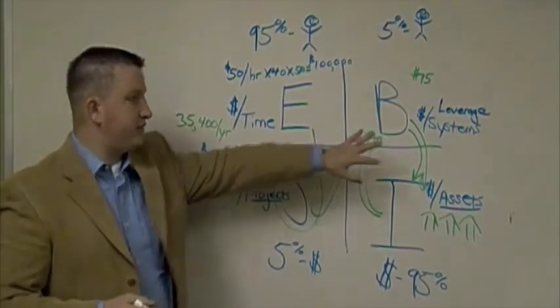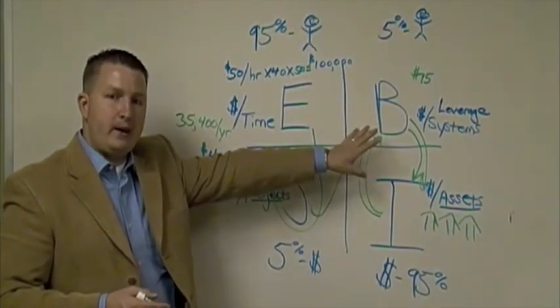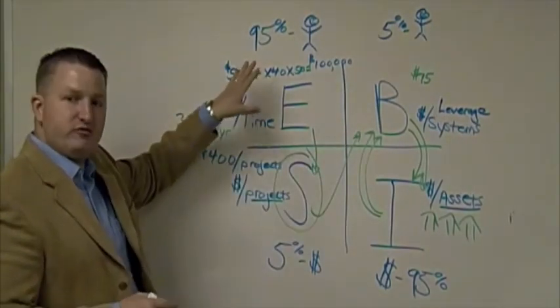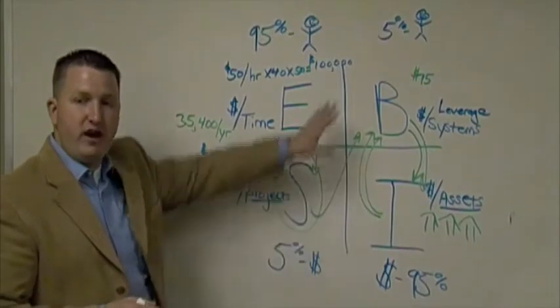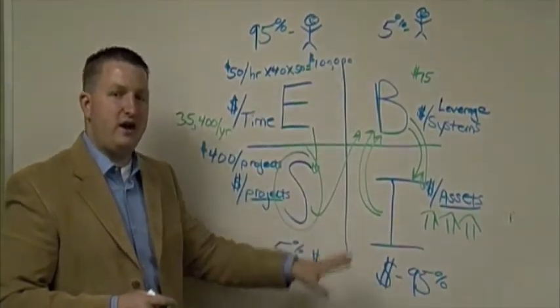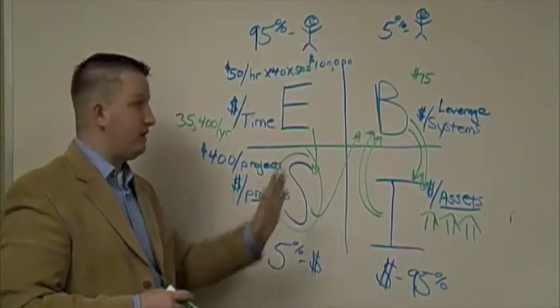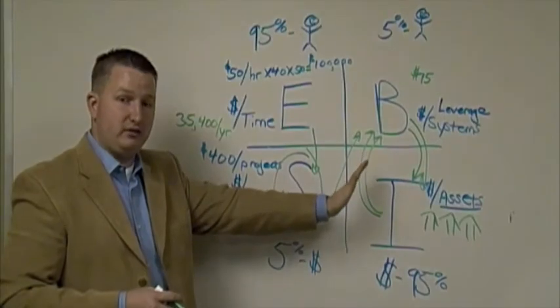And they're not thinking about the systems that are available to them on this side of the quadrant. When you think about the fact that 95% of the people chase 5% of the money, and 5% of the people chase 95% of the money, I think it's obvious that this, being on the right-hand side, is the place to be. And that's where we've been able to get to.